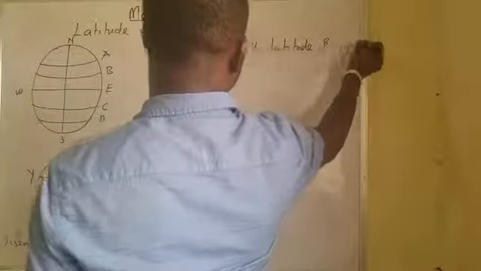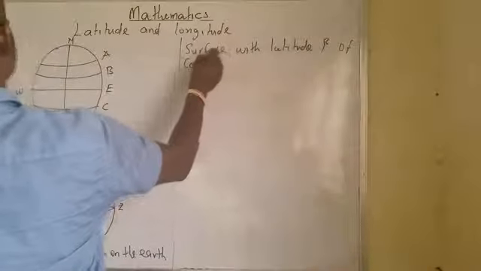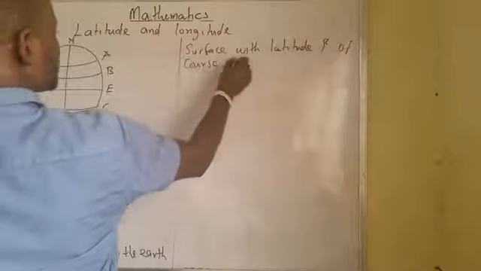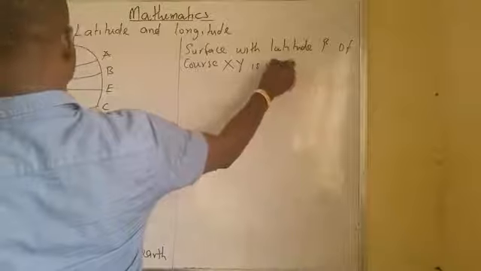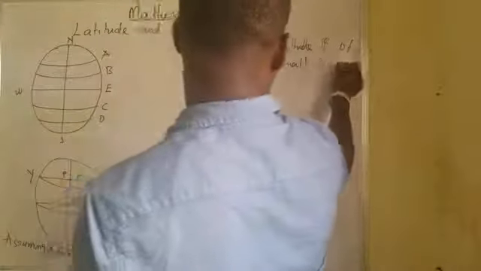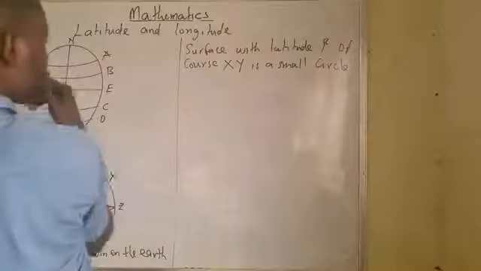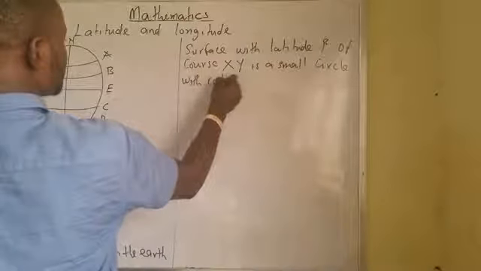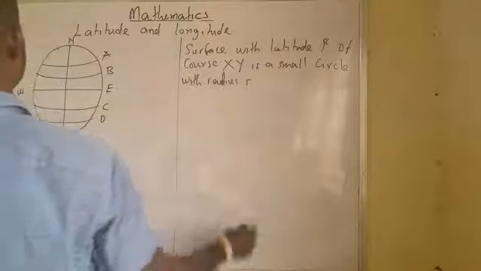Then XY is a small circle with radius small r.